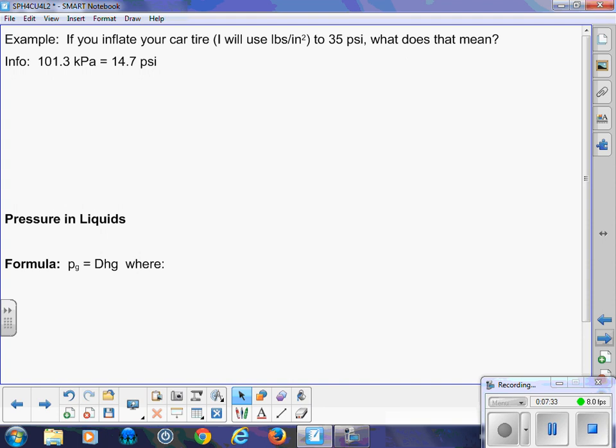But a car tire is roughly supposed to be inflated to 35 psi, pounds per square inch. That is the same as kilopascals. All right, so here's our rough conversion here. So do they want you to inflate it to 35 psi in total? Actually, what's going on here is that gauge pressure is equal to your absolute pressure minus atmospheric pressure.